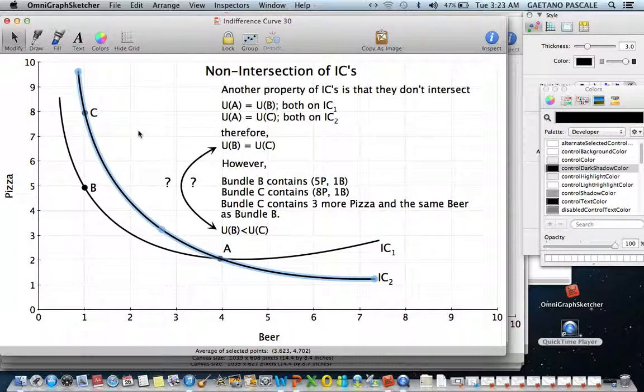Bundle C has 3 more pizzas with the same amount of beer when compared to point B. And since we know that more consumption leads to higher levels of utility, the utility at B has to be less than the utility of C. So we've logically disproven that the utilities of these are equal to one another, and the only way this situation can occur is if they intersect one another. So just make sure you remember that indifference curves should not intersect one another.